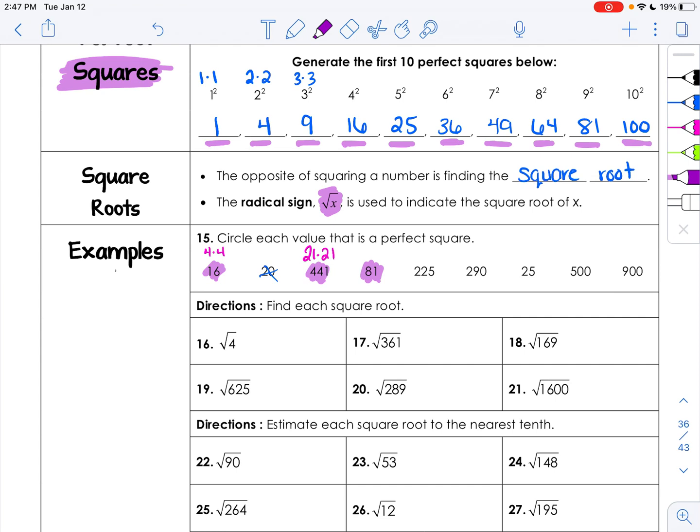You could multiply 9 times 9. 225 is a perfect square. Think for a minute, what could you multiply by itself and it equal 225? You could multiply 15 times 15.